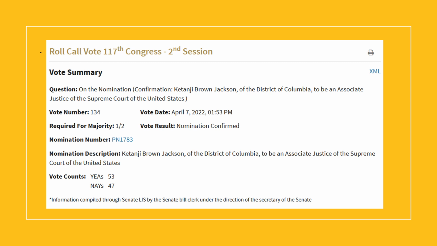And we can see that in terms of the Senate's vote, in order for the confirmation to go through, 1/2 of the senators must say yes. And here we see that there were 53 senators who said yes and 47 senators who said no. And as a consequence of this vote, Associate Justice Ketanji Brown Jackson is now a life member of the United States Supreme Court.